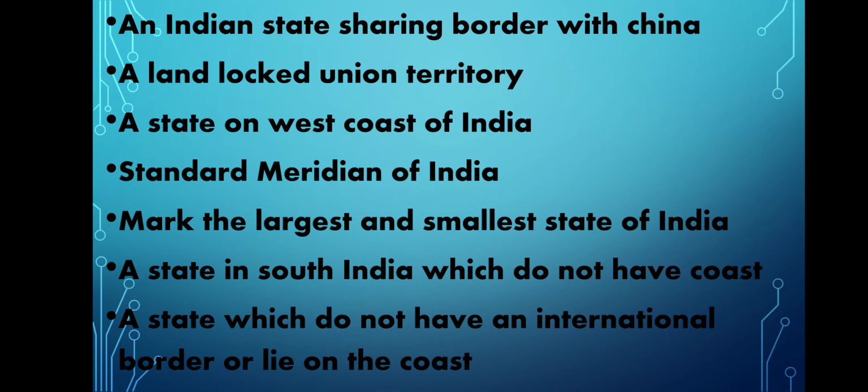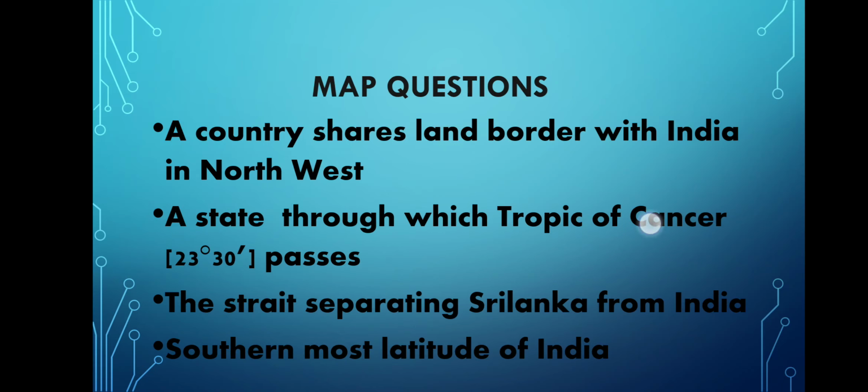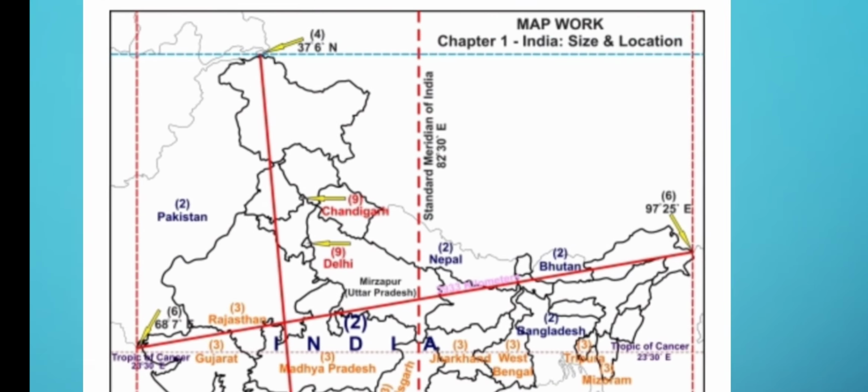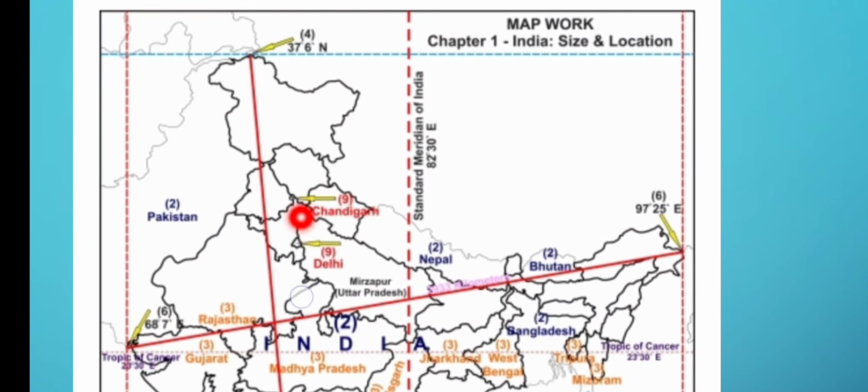A landlocked union territory. Landlocked means which is not sharing any water border or which doesn't have any coastline. So any of the landlocked union territories, suppose Chandigarh. Chandigarh is a union territory which is bounded by land on all the sides.